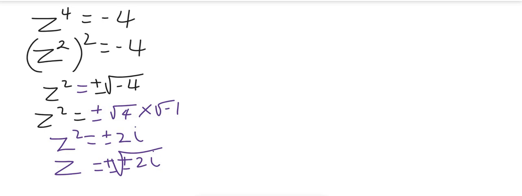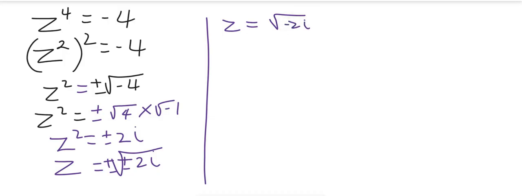So I can work with this, and no need of putting the plus or minus, because at the end of the day, I can decide not to make use of it and still get the answers. What you have inside should be plus or minus 2i.